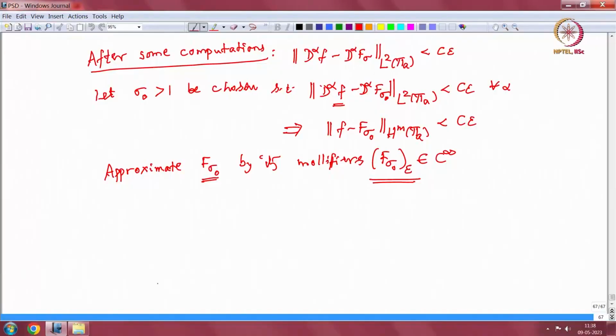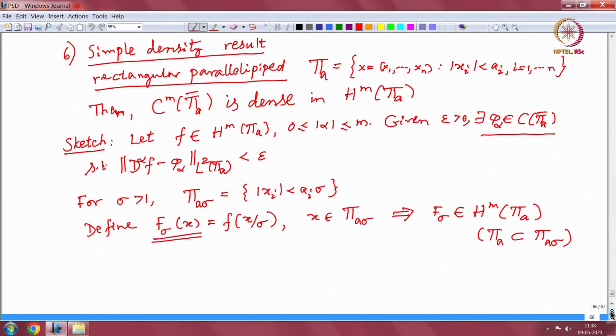We are trying to prove, for the spatial domain of a rectangular parallelepiped, that C^m, the set of all m times differentiable functions on the closure of Pi_a, is dense in H^m(Pi).